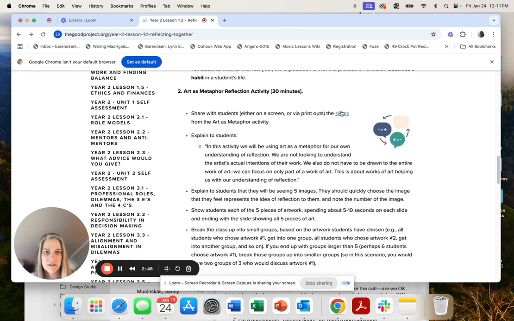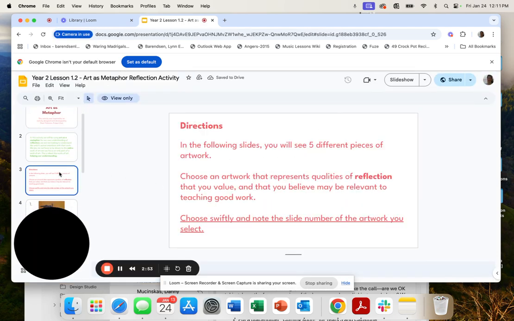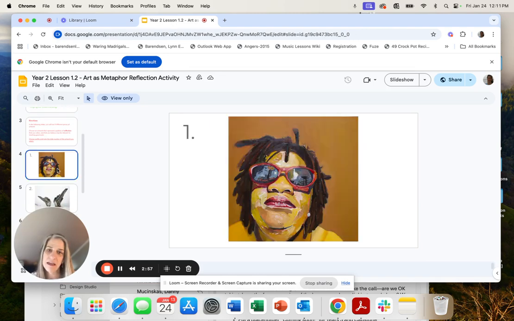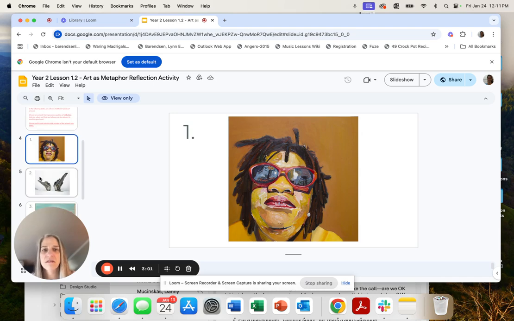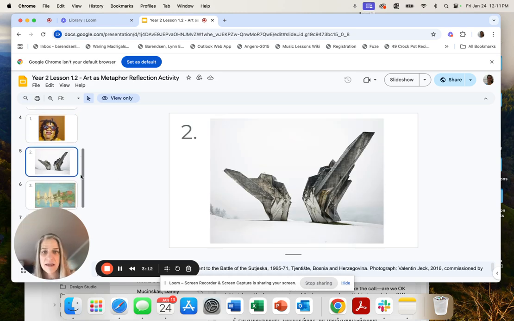So here are the slides, and I can show you what I might talk about or what might speak to me. Here's one image. I would think this is someone thinking and reflecting themselves, perhaps. There are multiple ways that reflection is happening, a kind of literal thing, but also taking the time to pause and think.